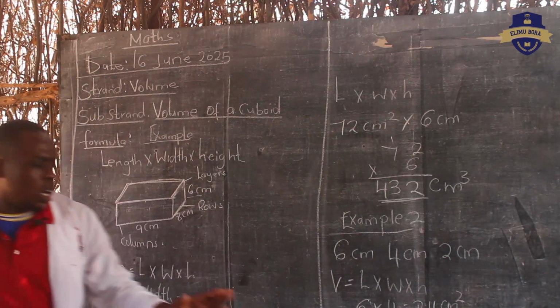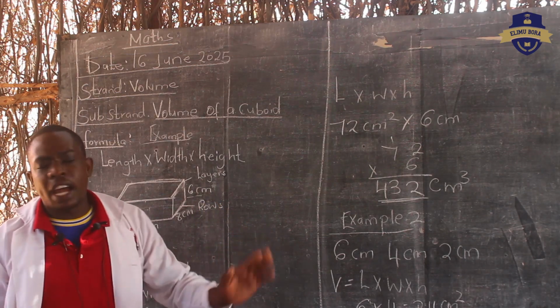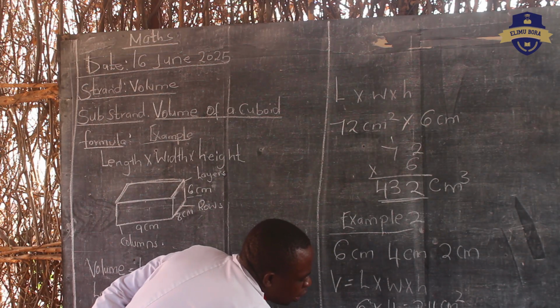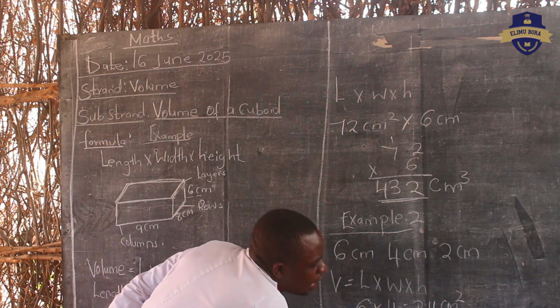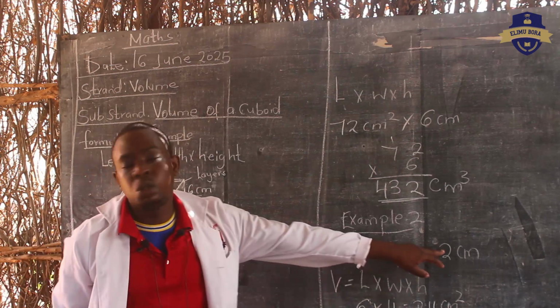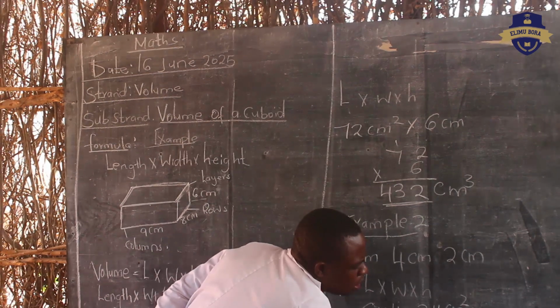Now, finally, we are supposed to find the volume, so we take this 24 centimeter square times 2 centimeter.